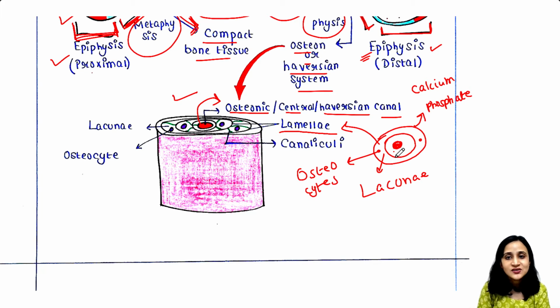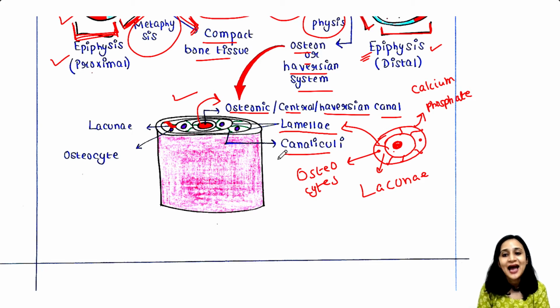osteocytes. So osteocytes are some cells which are present in the space that is called lacunae. And in this lacunae you will get some canal-like structure like this. So these canal-like structures are called canaliculi.